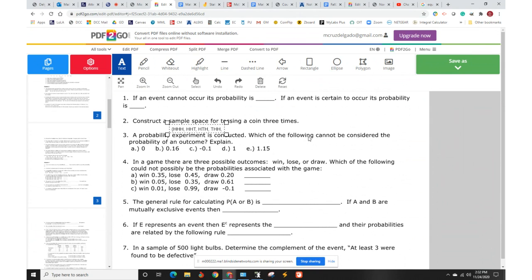But that's all the ones with 2 heads and 3 heads. So then we got head, tail, tail, tail, head, head.